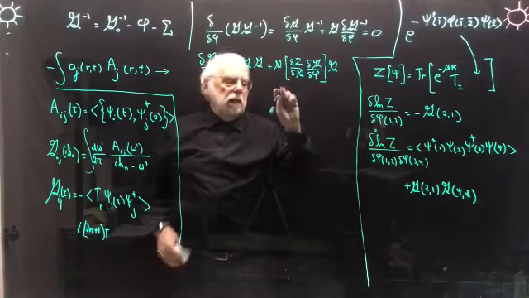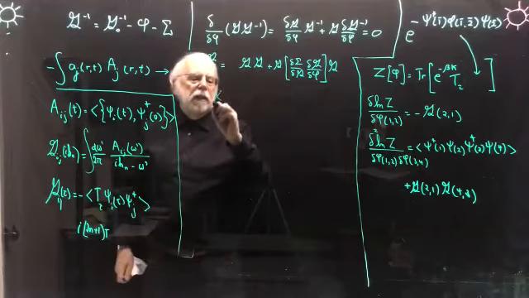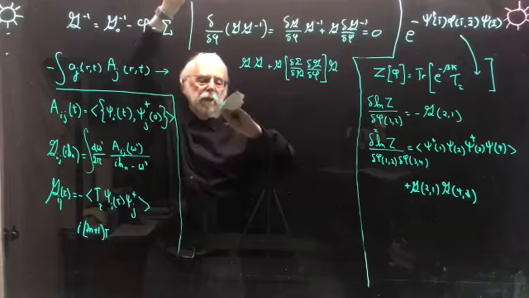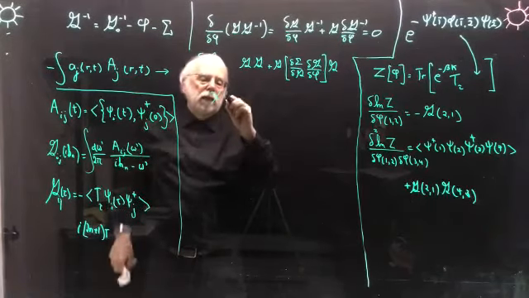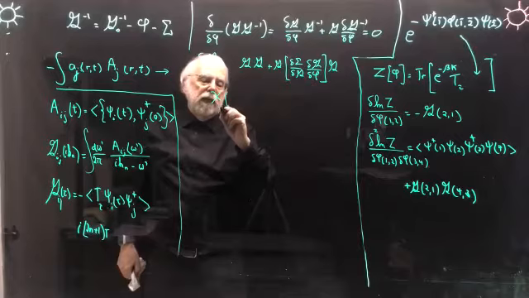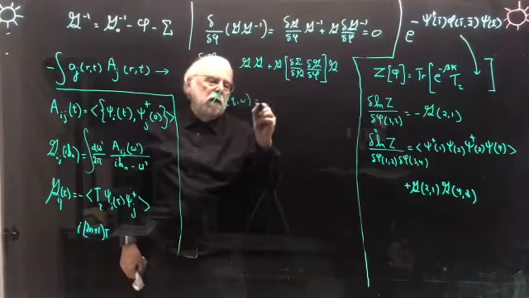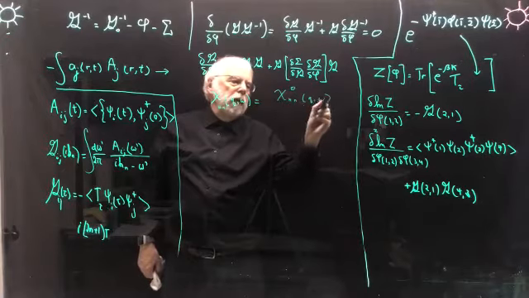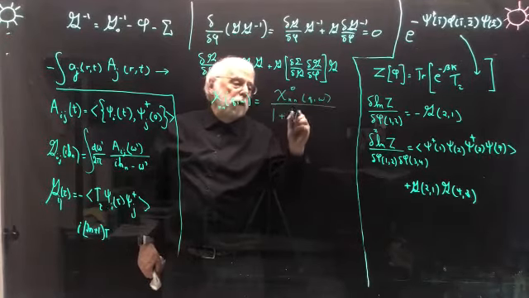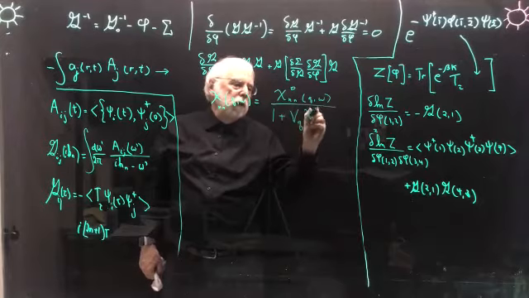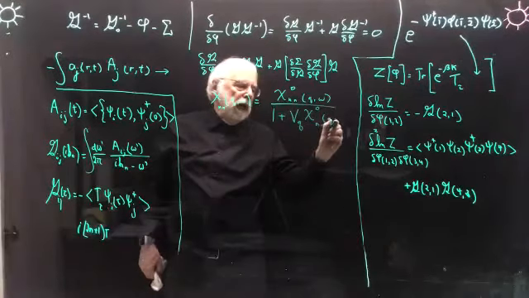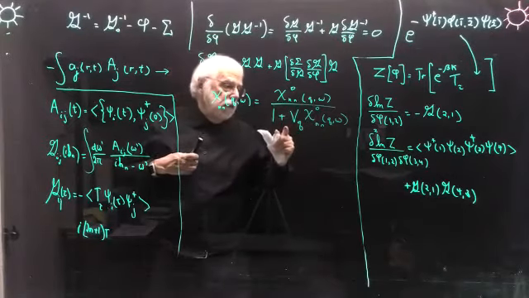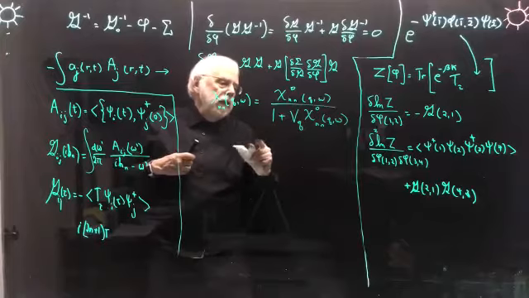So if I do this, then what I get for the susceptibility, for the charge, the density correlation function, is chi_n of q and omega equals chi_0n of q and omega divided by 1 plus the bare Coulomb interaction times chi_0n of q and omega. And what I find now is that this is basically screening.